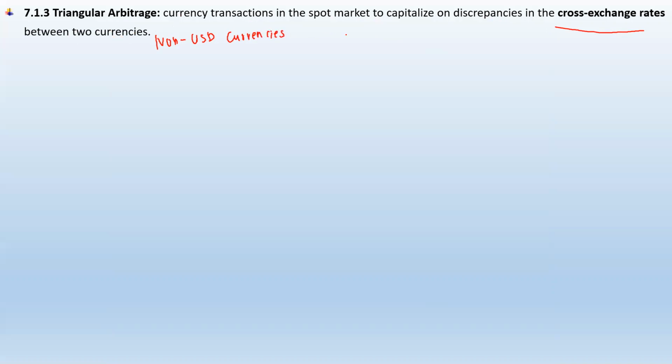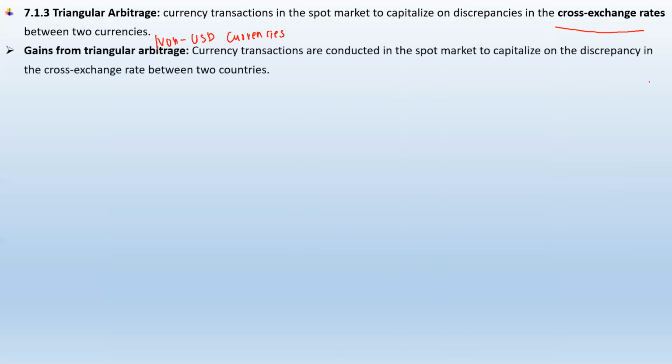In this case, if we have direct quotation of those two non-US currency and the cross exchange rate, then we have three quotations. And then we can find out the arbitrage opportunity with those data.